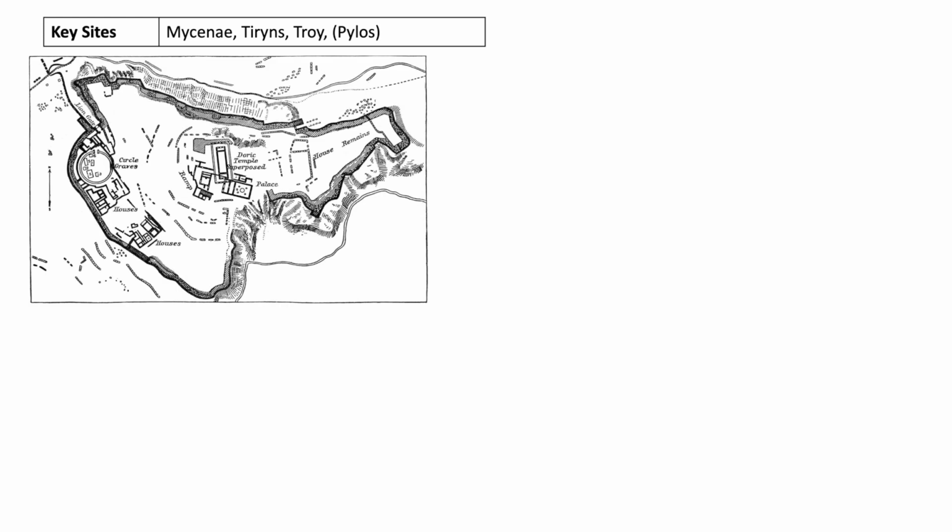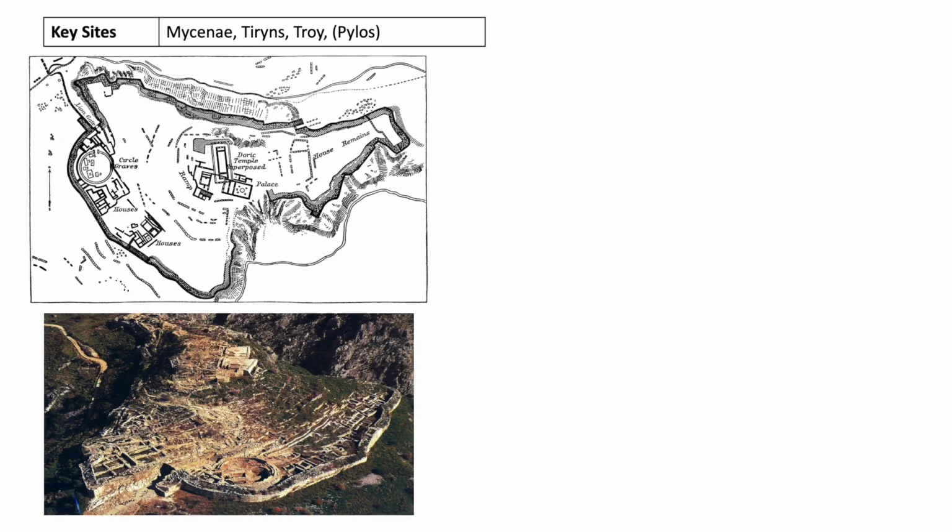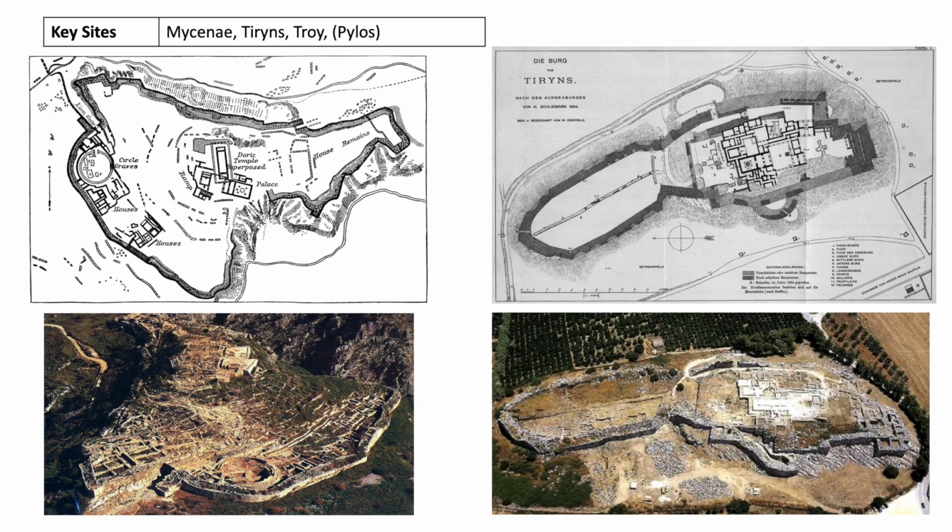So to give you some idea, for example, how you might answer some of the questions using sources, let's start with the key sites. So here we've got the images in front of you that are, the top two are the plans of Mycenae and Tiryns, and these are quite old ones because I've got them from Wikipedia so that they're free to use and I'm not breaching copyright.